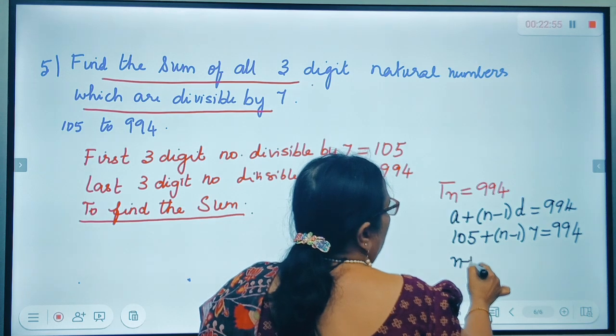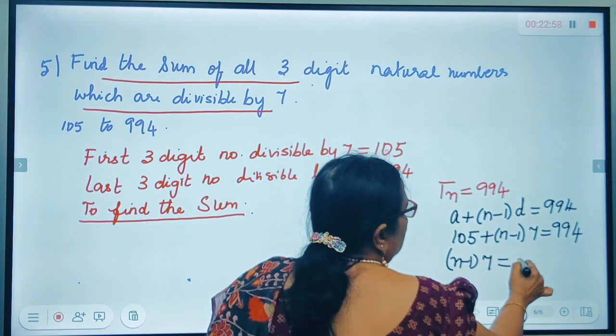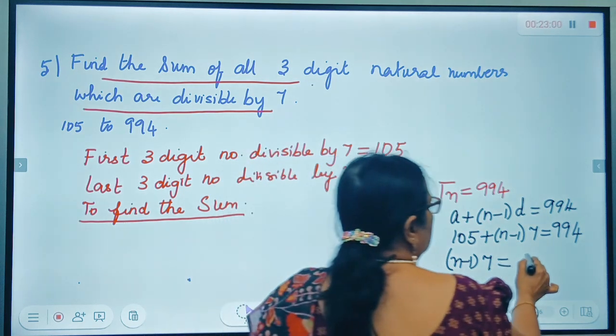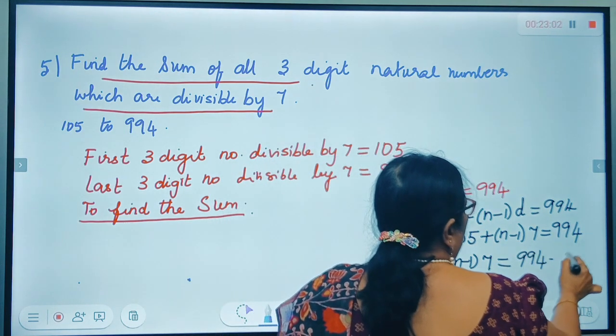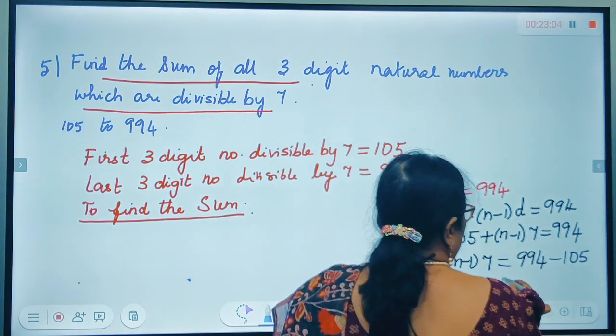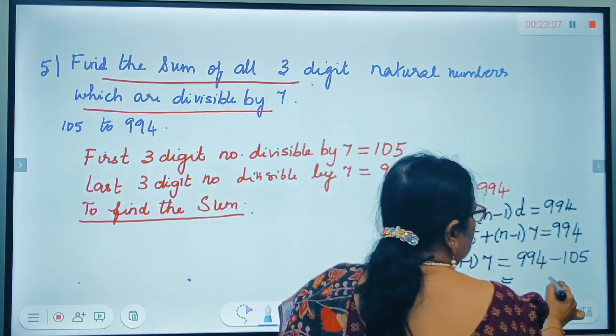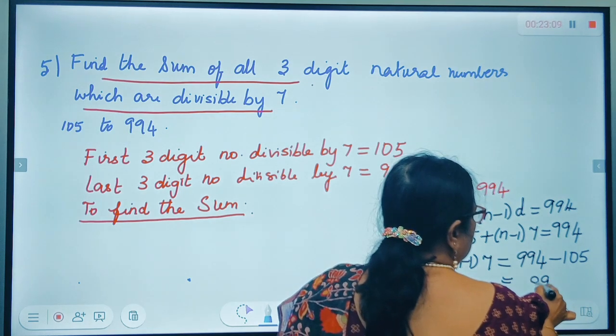Therefore, n minus 1 into 7 is equal to 994 minus 105, which is 889.